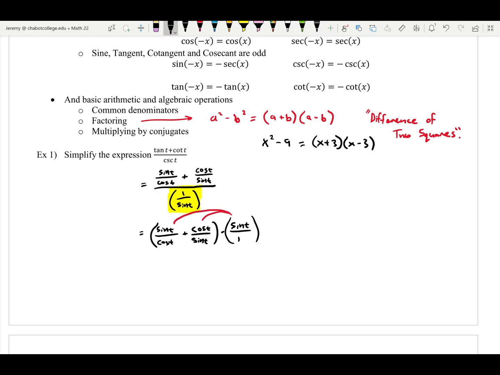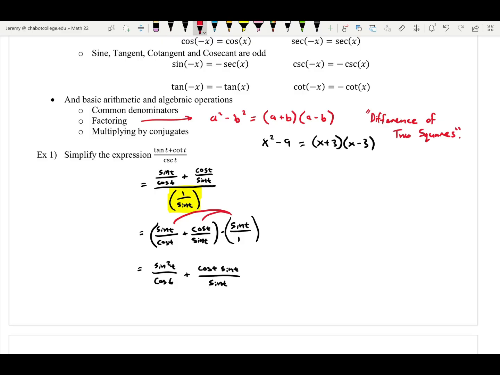And again, I didn't have any special privileged knowledge that told me to start doing this. You just have to pick something and go with it and see what happens. So distributing in that sine of t, I'm going to end up with sine squared t divided by cosine of t plus, and then I'll have cosine t times sine t divided by sine of t.